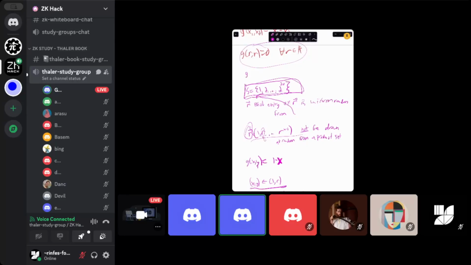If G has n variables for whatever n you care about, total degree D, and G is not the zero polynomial, then the probability, if you pick R from S to the n, that G of R equals 0 will be at most D over the size of the set, which is 2 to the 20.